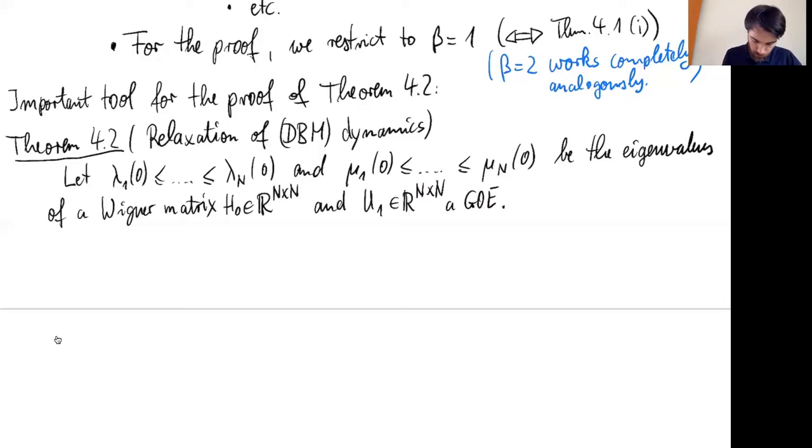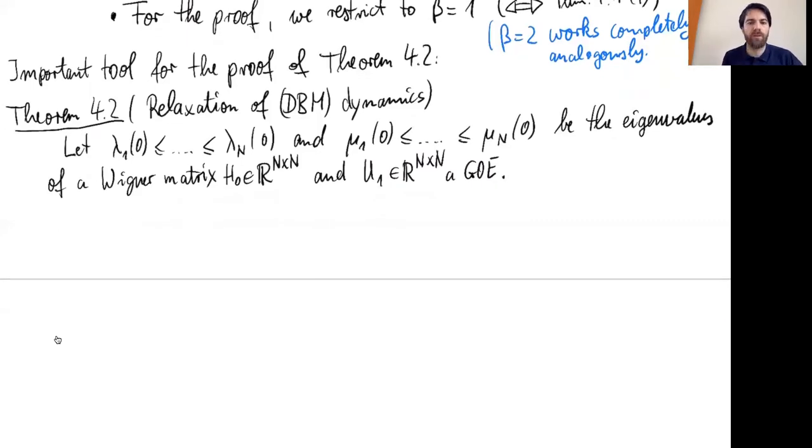And then we evolve both of these sets of eigenvalues with the DBM.